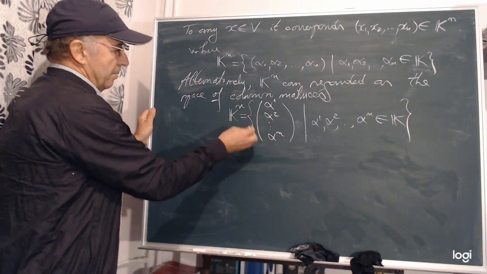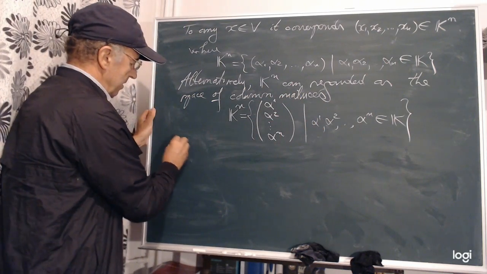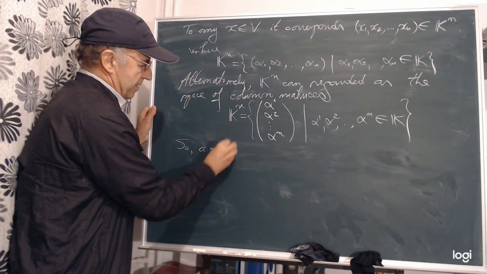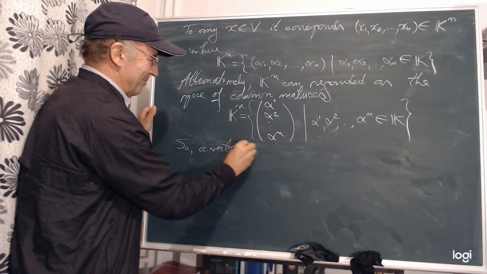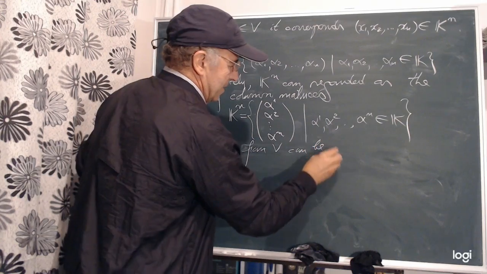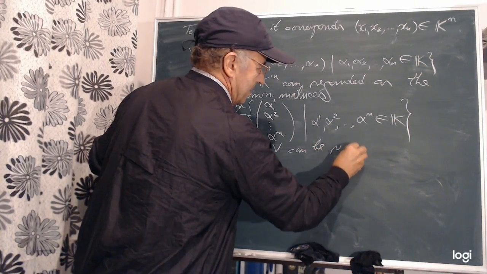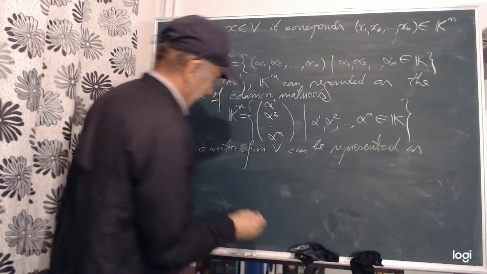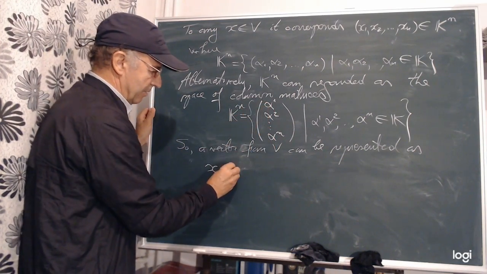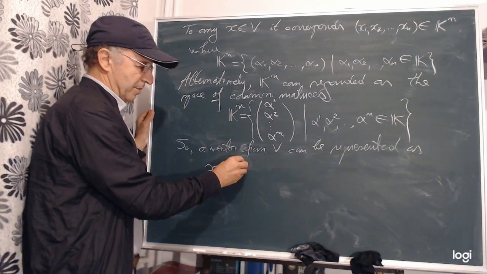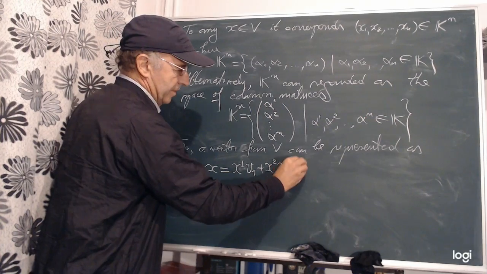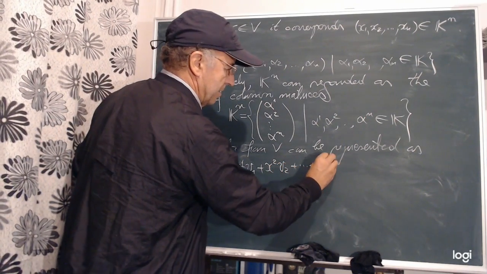So by using this representation, a vector x from V can be represented as x equals, if we use this notation, and we denote the coordinates by using a superscript, x1 v1 plus x2 v2 plus so on, plus xn vn.